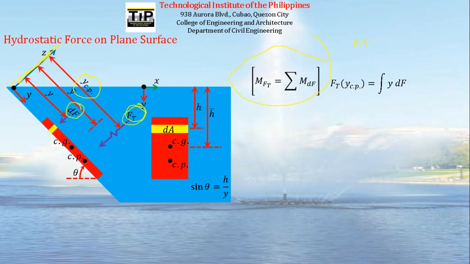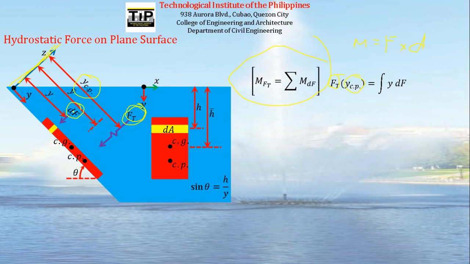So, again, ano nga ulit ang moment? Moment is equal to force times the moment arm. Okay? So, kunin natin yung moment ng F sub t. So, that will be F sub t times the moment arm Y sub Cp.